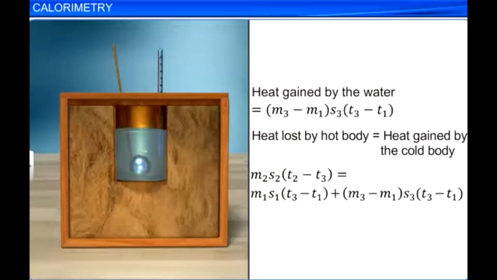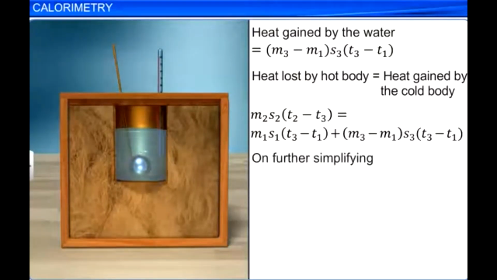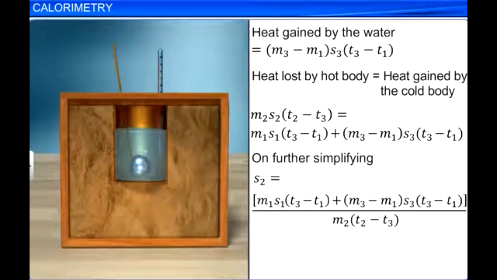On further simplifying, S2 equals [m1 into S1 into (T3 minus T1) plus (m3 minus m1) into S3 into (T3 minus T1)] by m2 into (T2 minus T3).